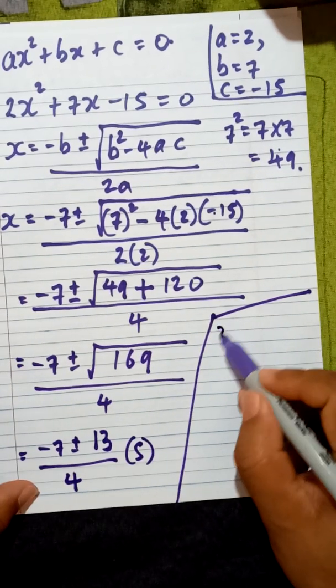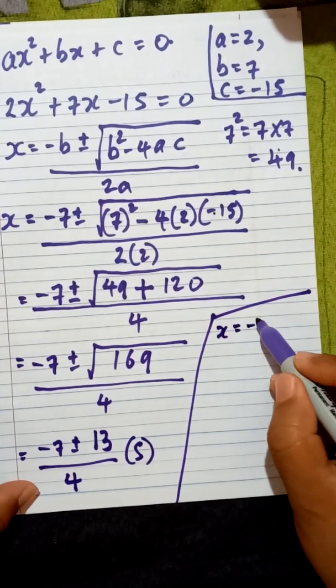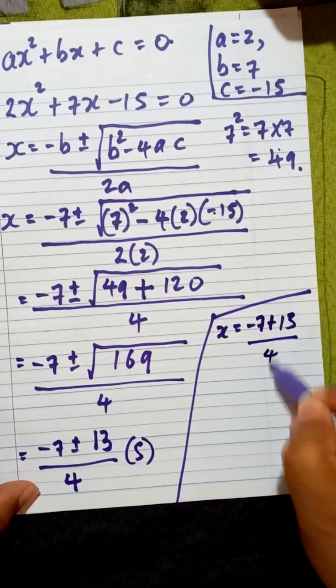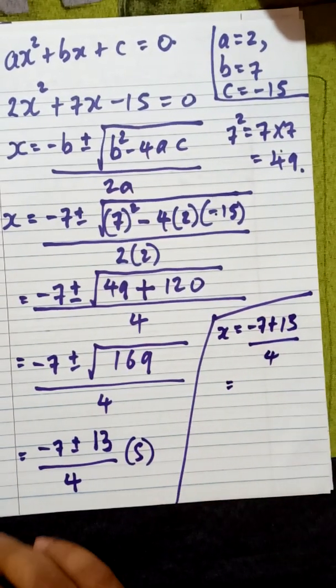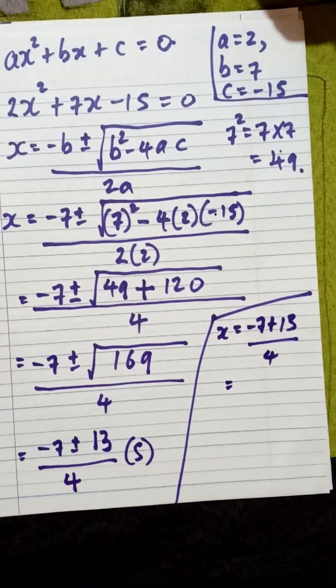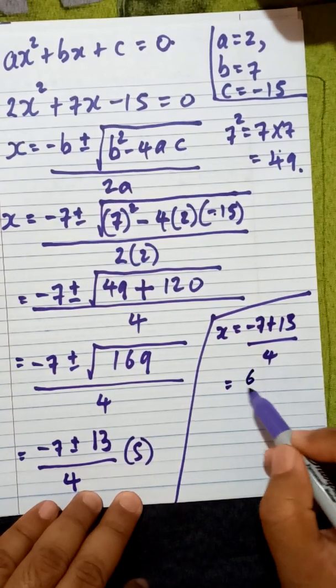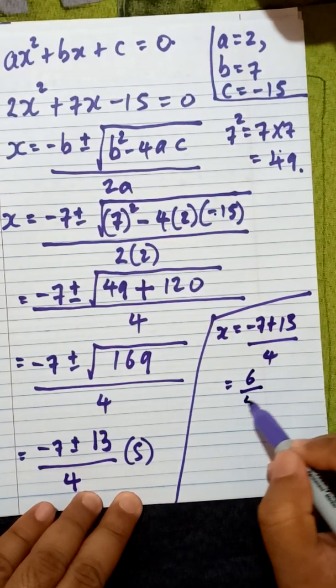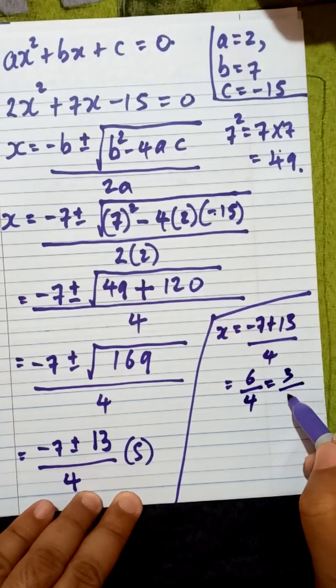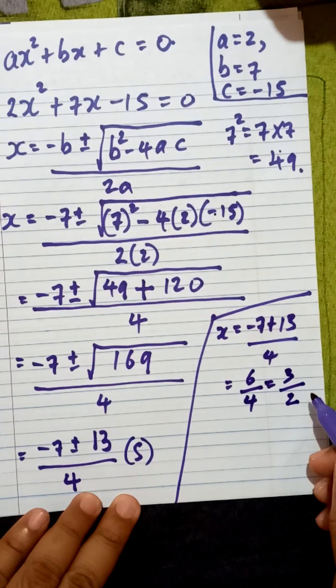So we have x equals negative 7 plus 13 over 4. So negative 7 plus 13 will give you 6, and that's going to be 6 over 4, and that goes on to 3 over 2, or 1.5.